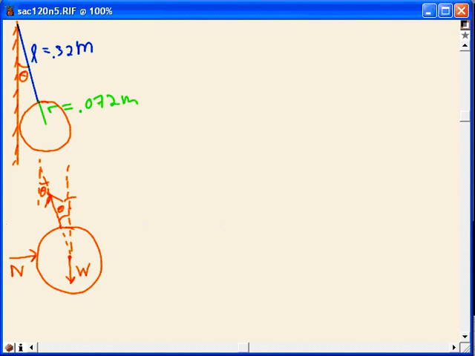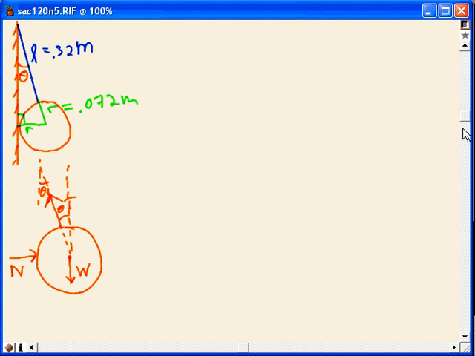I can get a triangle in there if I get another radius of the ball on the diagram. So let's do that, and get a right triangle on there. That's what I wanted to do. So this is also distance r.